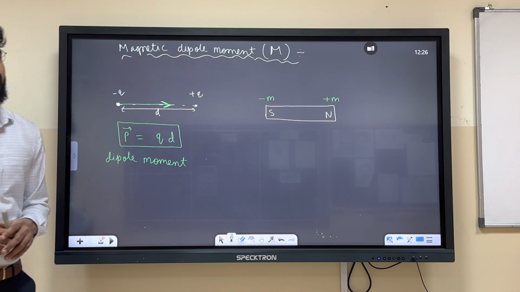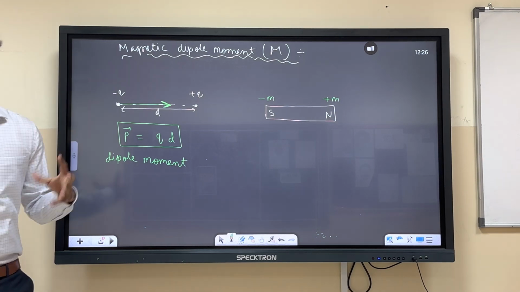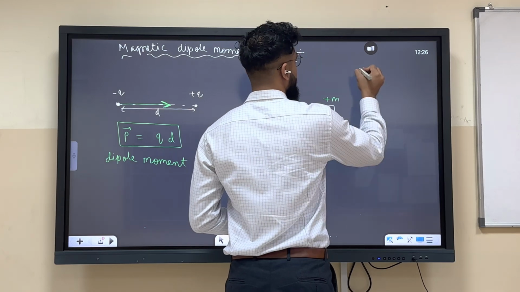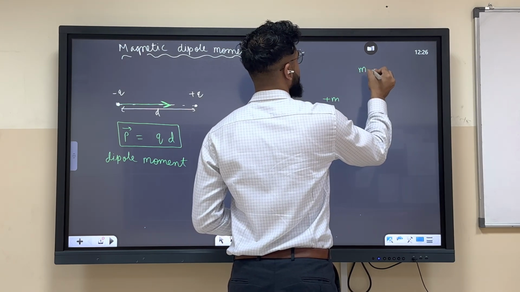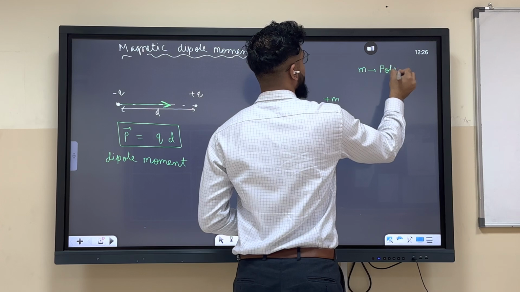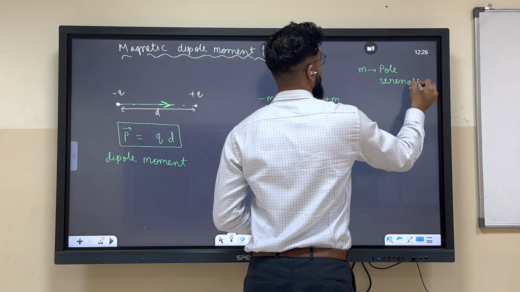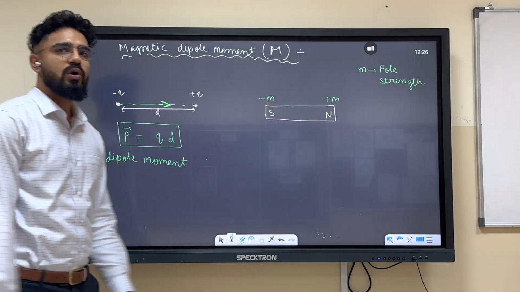Now you might wonder what negative m and positive m are. They are pole strengths. m over here is the pole strength.